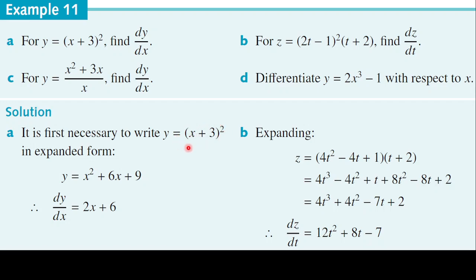So when you have a factorized form, you need to expand it to get separate terms. Then you differentiate every term, and then you combine them as a sum. So the derivative of x squared is 2x, the derivative of 6x is 6, and remember, the derivative of a constant is 0, which accounts for nothing in the derivative.